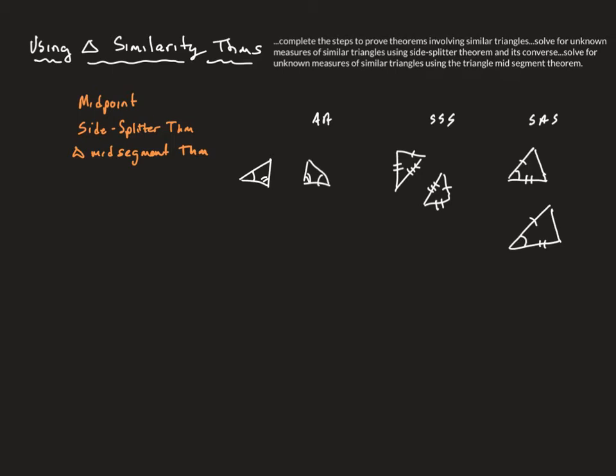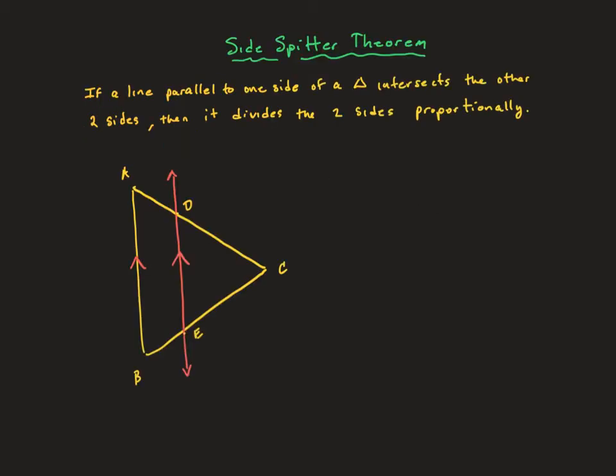And then, of course, going into the side splitter, right? If a line parallel to one side of a triangle intersects the other two sides, then it divides the two sides proportionally. So what this is telling us here is that the red line that has been drawn connecting D and E, you could call that line DE, means that segment AB is going to be parallel to line DE.